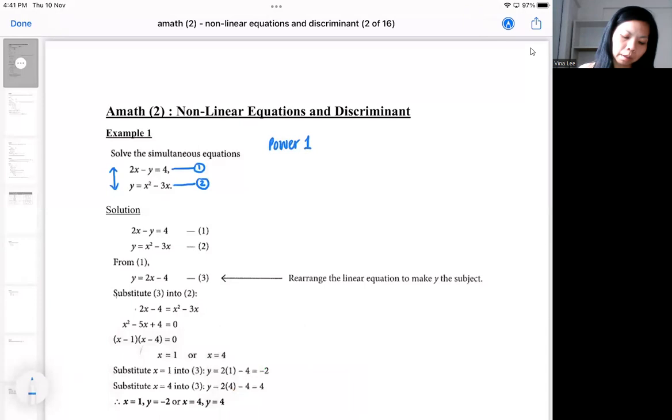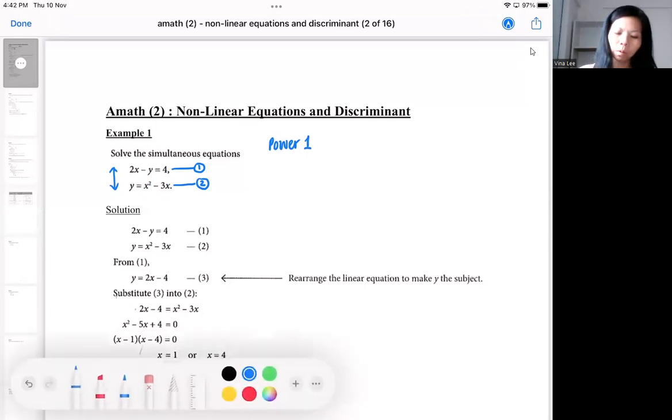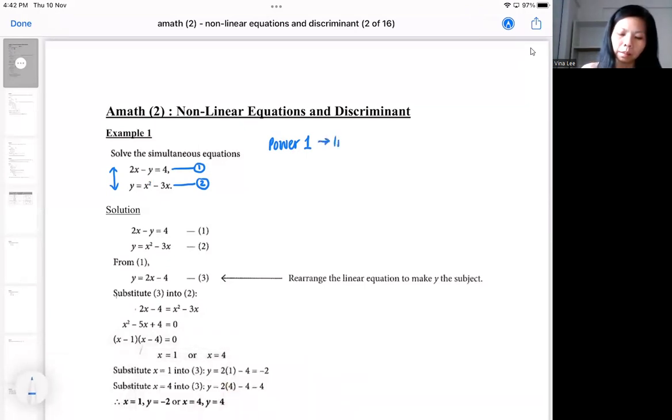In this case, there's the x squared here, so the second equation is non-linear. For power 1, we can consider it linear. Other than that, it will be non-linear. You're going to observe a variety of powers. It's not just x squared. It can be other powers, which you will learn more about. So recognize which one is a linear equation and which one is non-linear. For linear to happen, it has to be power 1.